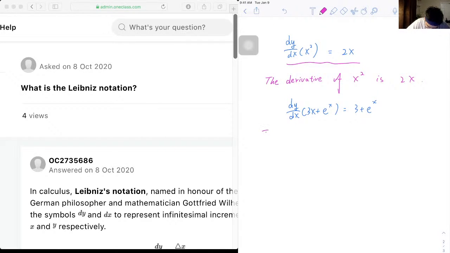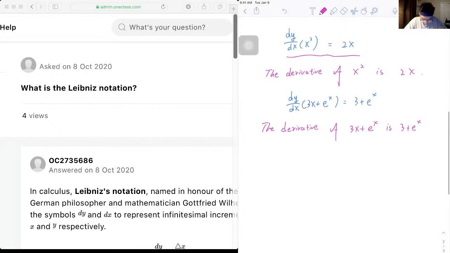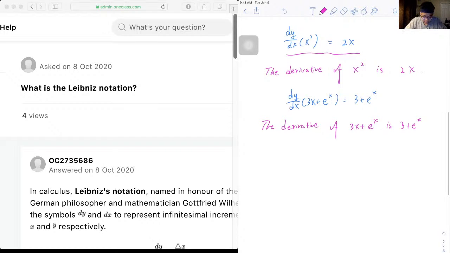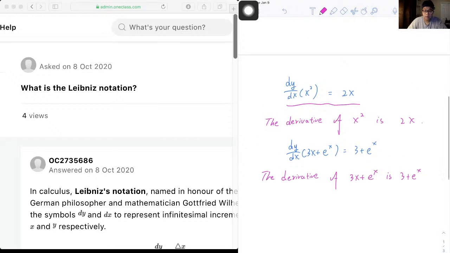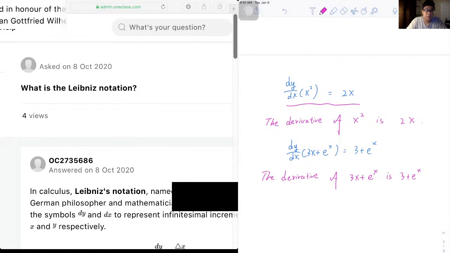So this means the derivative of 3x plus e to the exponent of x is 3 plus e to the exponent of x, right? Because recall the derivative of 3x is just 3, and the derivative of e to the exponent of x is just itself. Okay, I think that's all we got for this question.